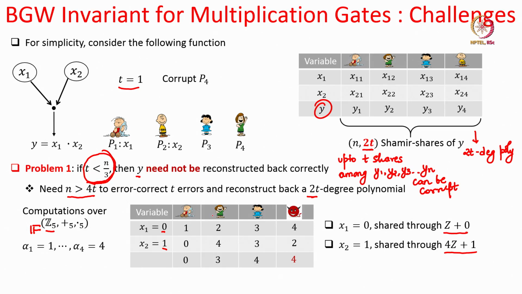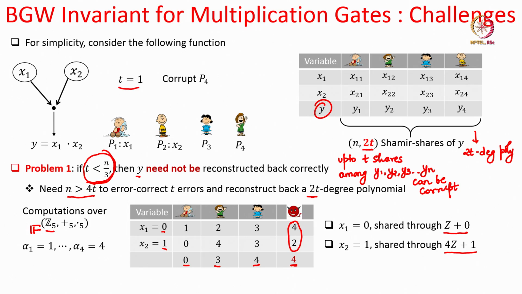So, P 1 will make public the share 0, P 2 is honest, it will make public the share 3, P 3 is also honest, it will make public the share 4, but P 4 ideally should make public the share 3, because the product of its shares of x 1 and x 2 is 8, 8 modulo 5 is 3, but since P 4 is corrupt, it is making an incorrect share, say the value 4 as public.